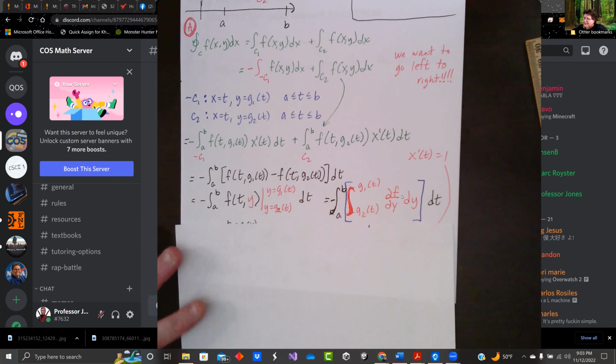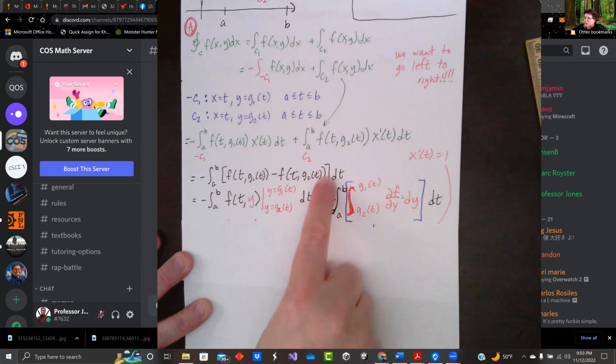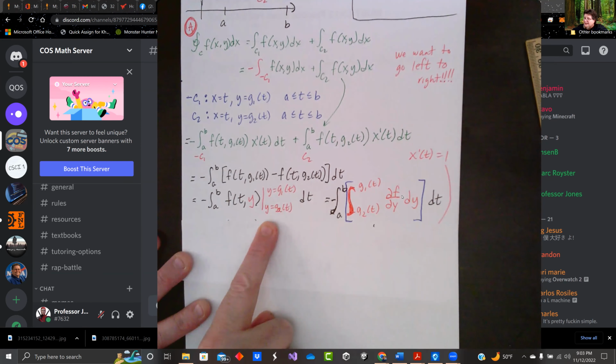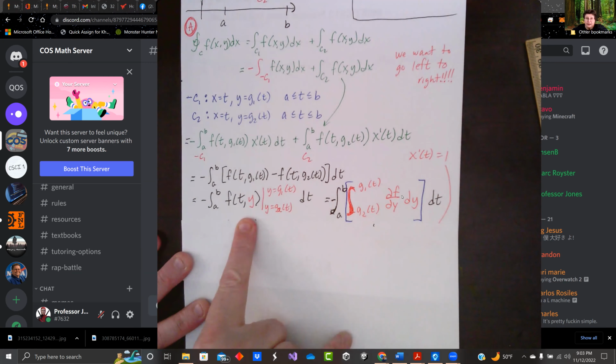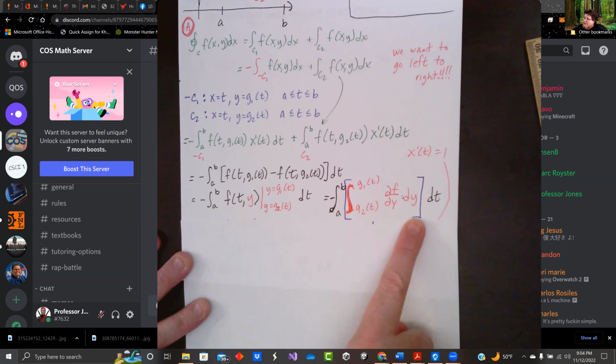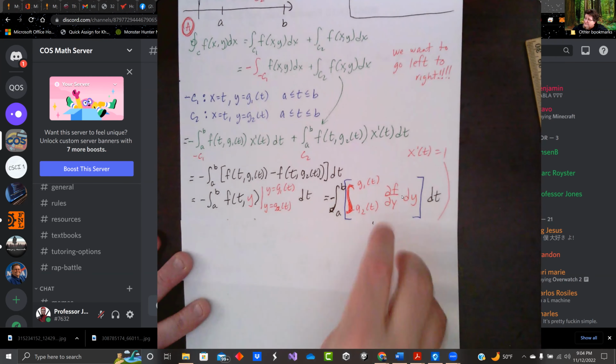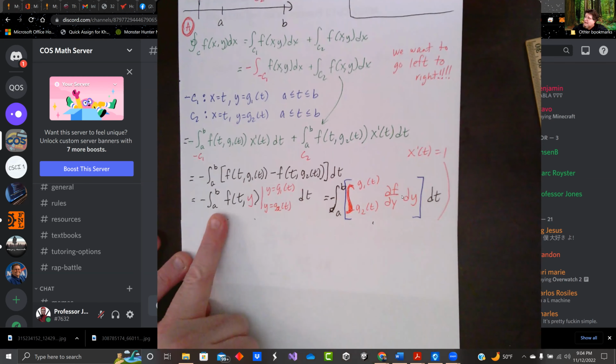I'm going to write this in this format because this should look familiar. When we have something subtracted and there's a different component on each of them, this is just the output of integration, right? So if we integrated df/dy, we would get f.